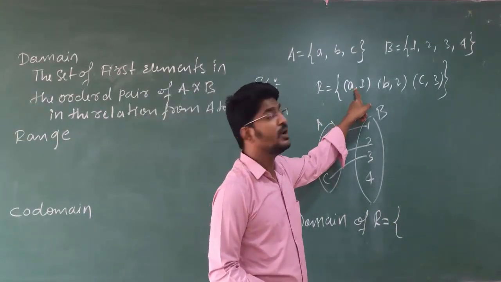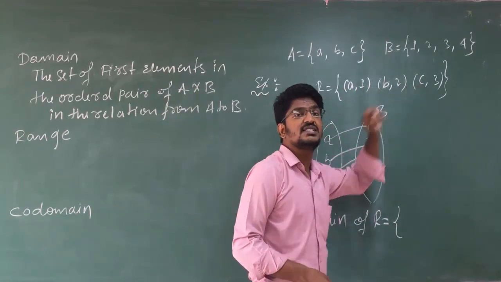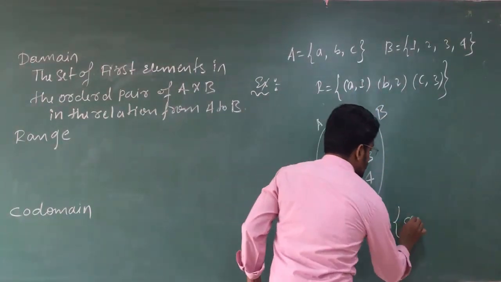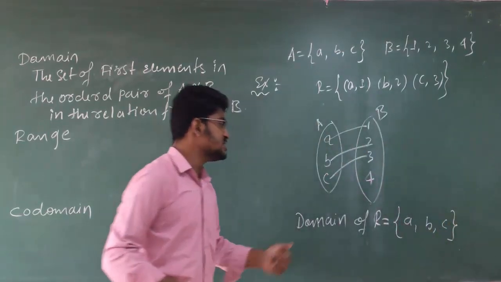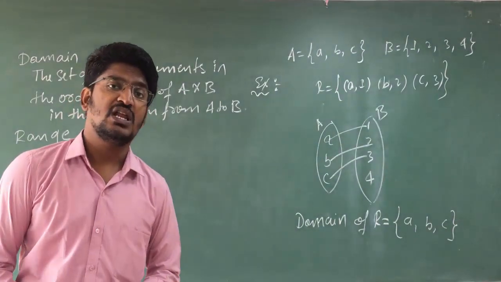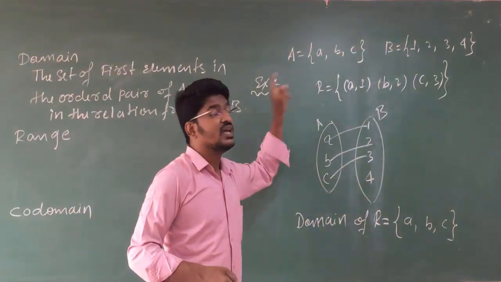A is the first element, B is the first element, C is the first element. So {A, B, C} is the domain of relation R in the given example.